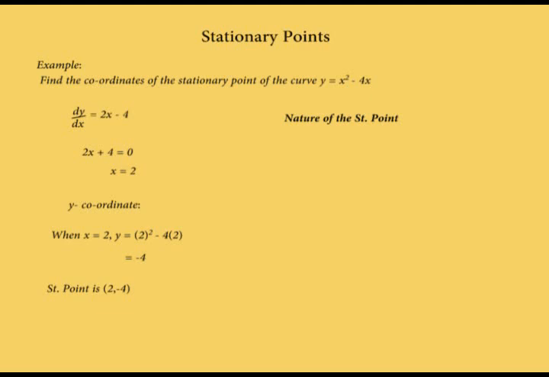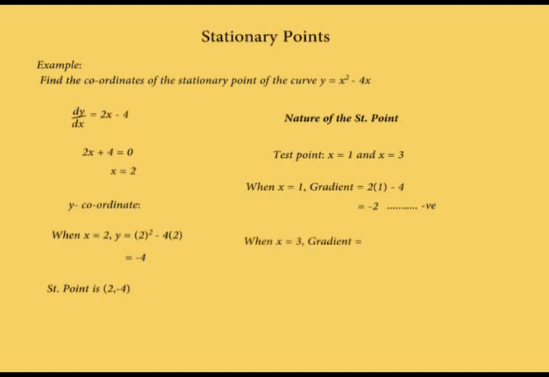We have the x-coordinate of 2. We test the gradient for x is equal to 1 and x is equal to 3. That is the neighborhood of x is equal to 2. For x is equal to 1, we have dy over dx is equal to 2x minus 4. When x is 1, gradient will be 2 times 1 minus 4, and that is minus 2. The gradient to the left is negative. Gradient at the stationary point, that is x is equal to 2, is 0.